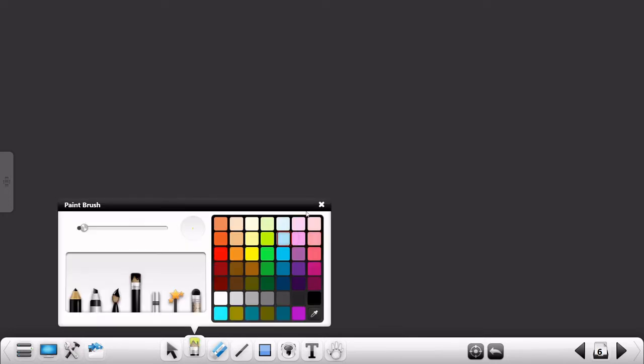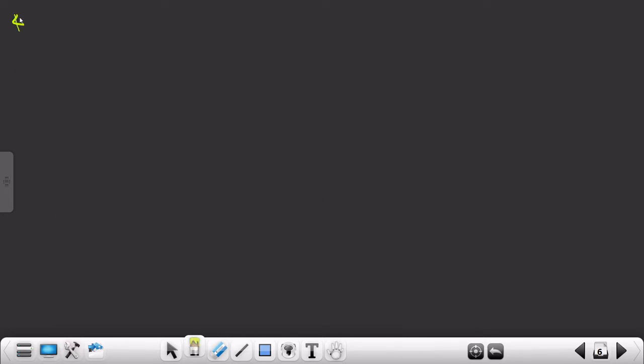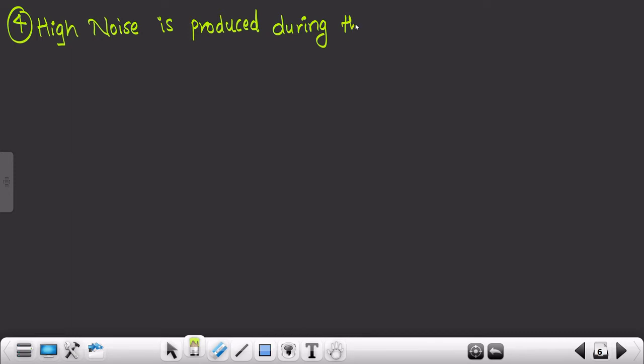Let me write over here, fourth point: high noise is produced during the processing of analog signal.